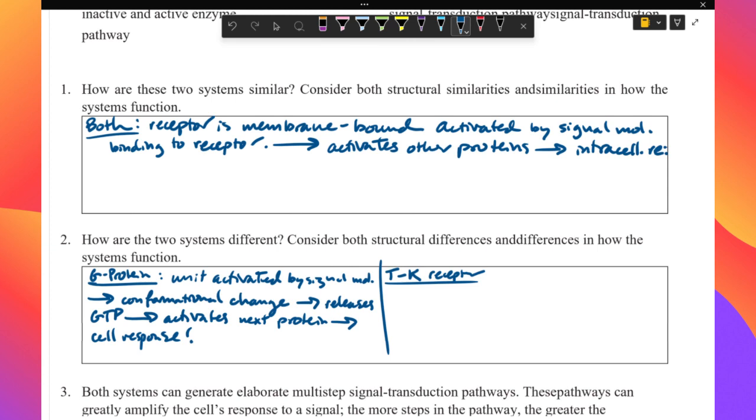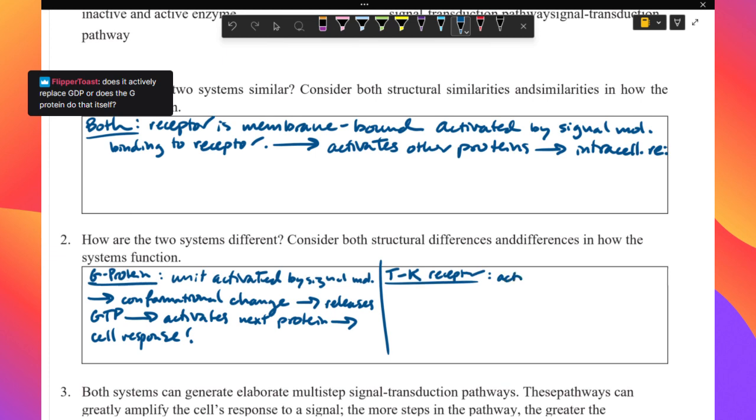So the tyrosine kinase receptor must also be activated by a signal molecule, but then they aggregate to come together. So activation results in aggregation, so the proteins come together.